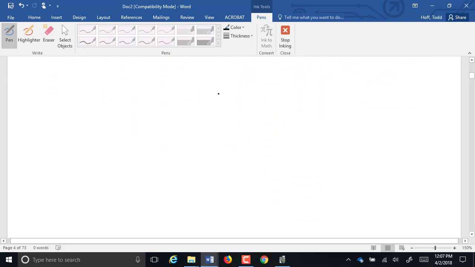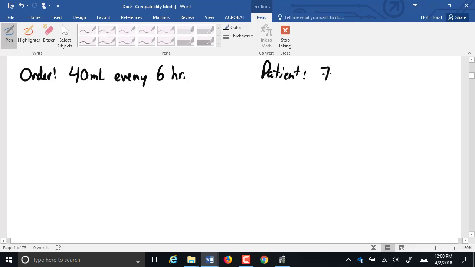Why is it so important that you guys know how to do these calculations? Well, because you are the last line before the medication hits the patient. If you're working as an RN, you actually are required to double check those calculations, those dosages, before administering to a patient. So you may end up with a doctor who gives you an order of 40 milliliters every 6 hours for a patient that's 77 pounds.